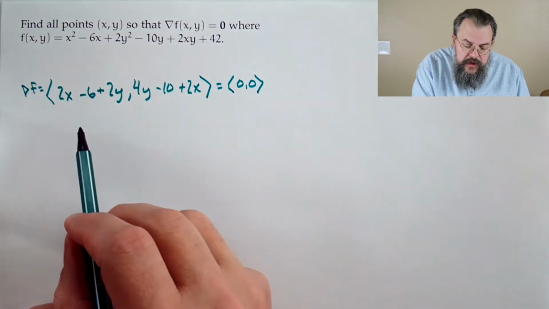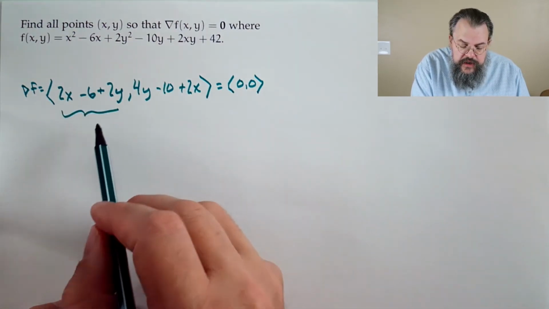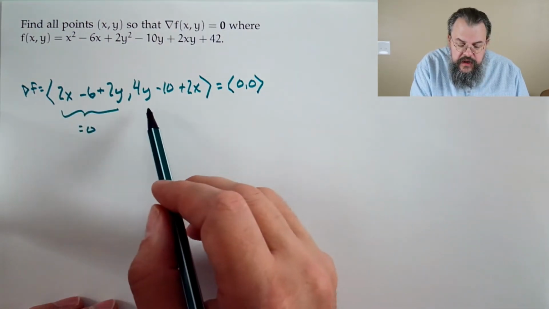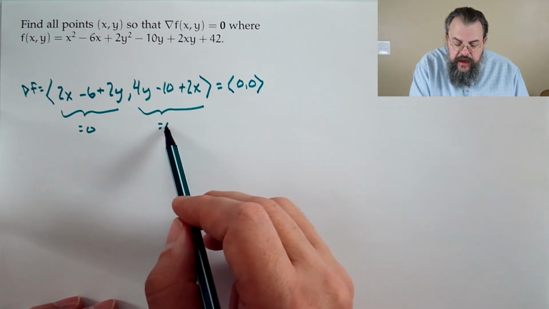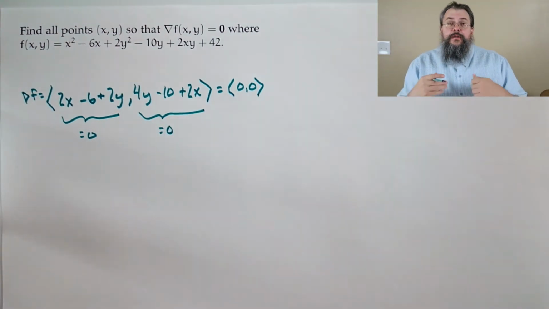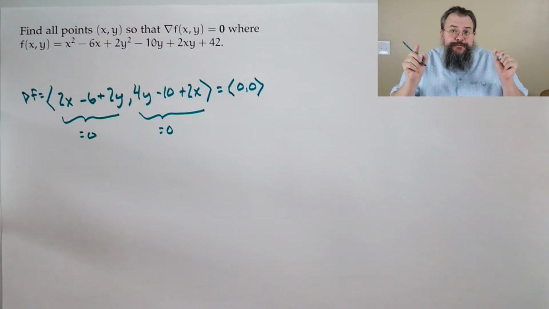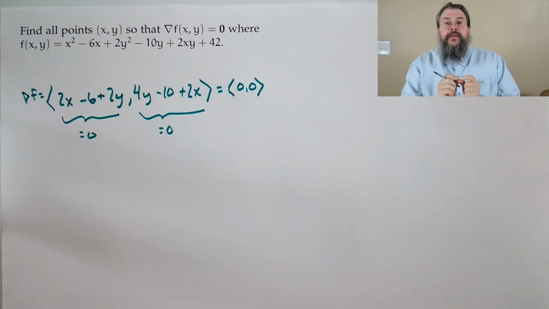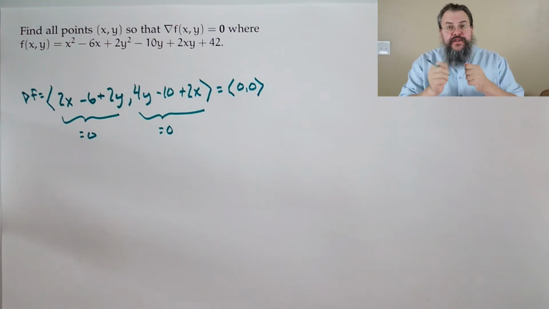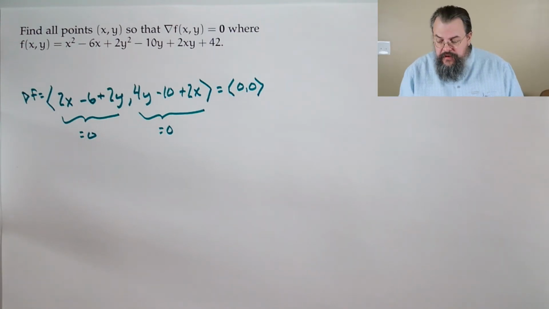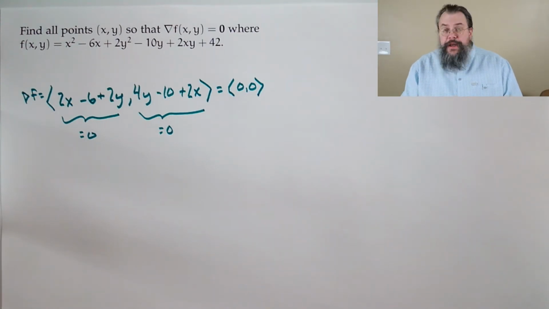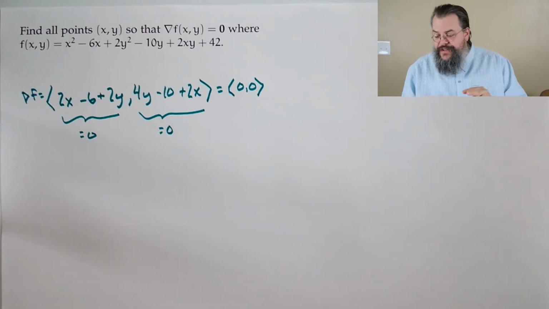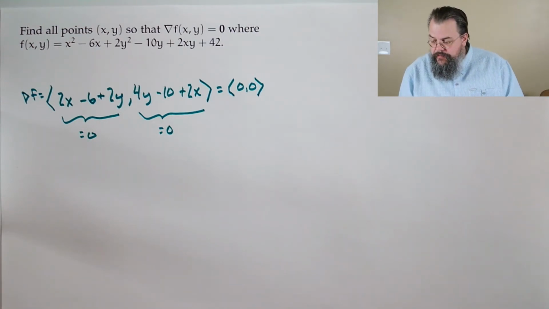So what we have is we're saying, aha, this first entry has to be 0, and our second entry has to be 0. So what we've done is we've kind of compressed by saying, oh, the gradient is equal to 0, really is saying, oh, each partial derivative is equal to 0. So now we have really two equations, and let's write them down.